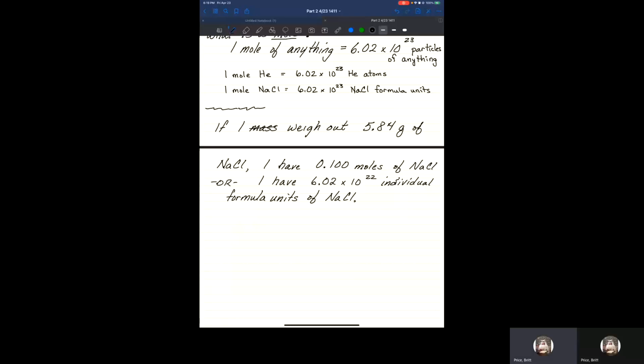Again, formula unit, it's kind of like a molecule for ionic compounds.